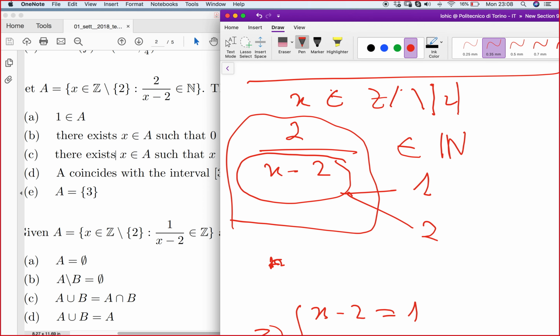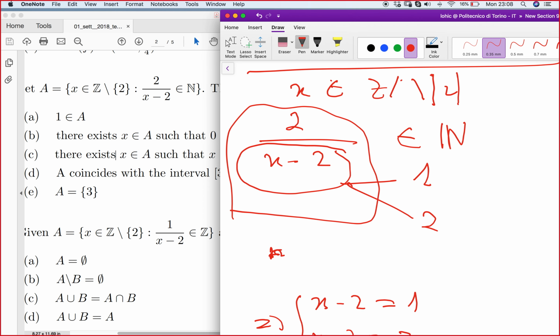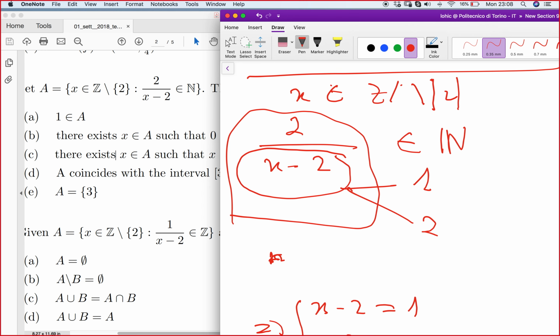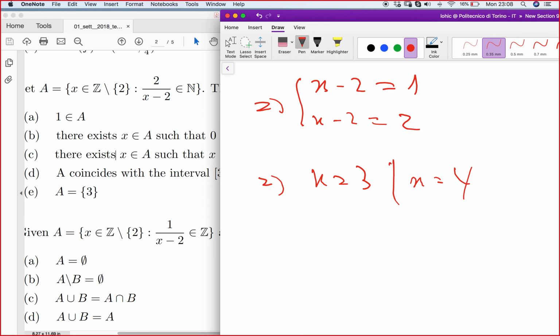Imagine if it is 3, I will get 2 over 3, which is not a natural. So we understood that in the set A, we have only the number 3 and the number 4. Is that clear?